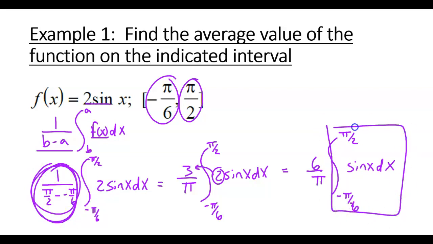So to do this problem, the first thing we're going to do is integrate the function. What is the integral of sine? Well, if you forgot, the integral of sine is negative cosine. All right? And then after that, we do our fundamental theorem of calculus.